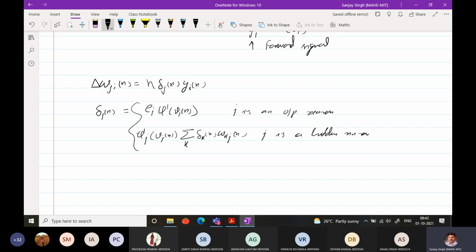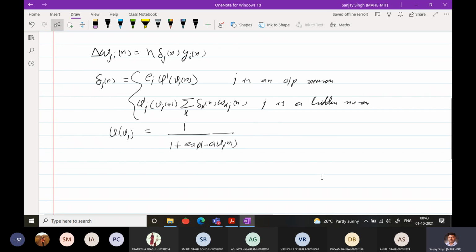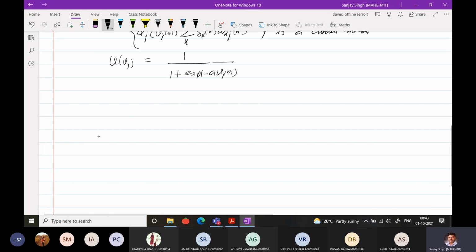Here phi, the activation function, is generic in nature and can be anything. We have considered two cases. In one case, we considered phi(vj) as a sigmoid function, 1 over 1 plus exp of minus a vj(n). With that application, our delta value changes, in the sense that we are writing the formula in a more simplified form.